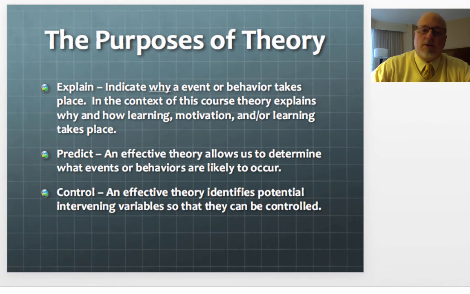There's a factor that may interfere with the learning or may interfere with the motivation. And a good theory will predict what that factor is, what those things that we call intervening variables are, and then that allows us to make sure that those things don't impact what we do.